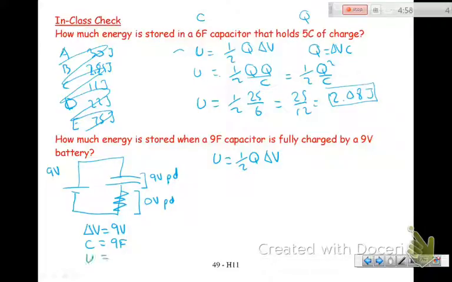So I've got to make some changes here. I say, oh yeah, Q is equal to delta V times C. So that's going to give me that 1/2.